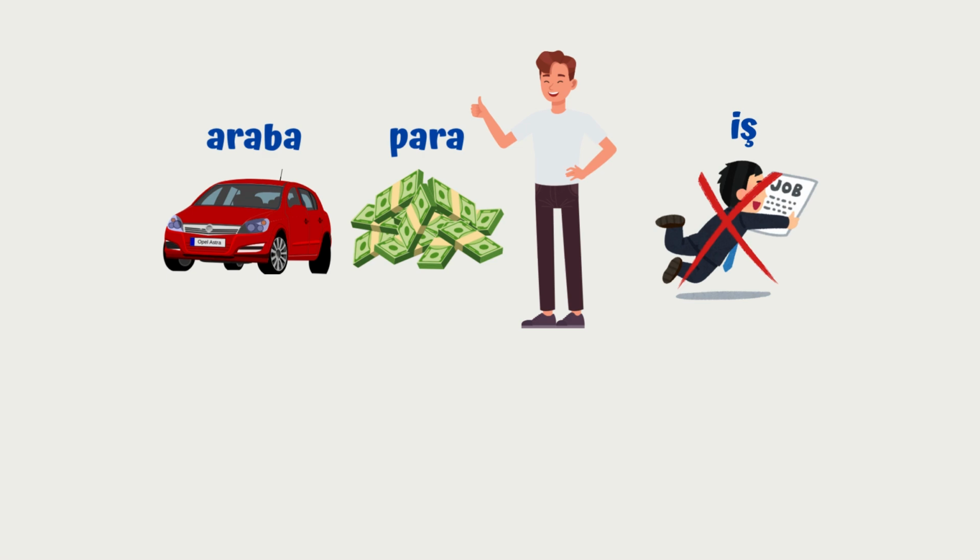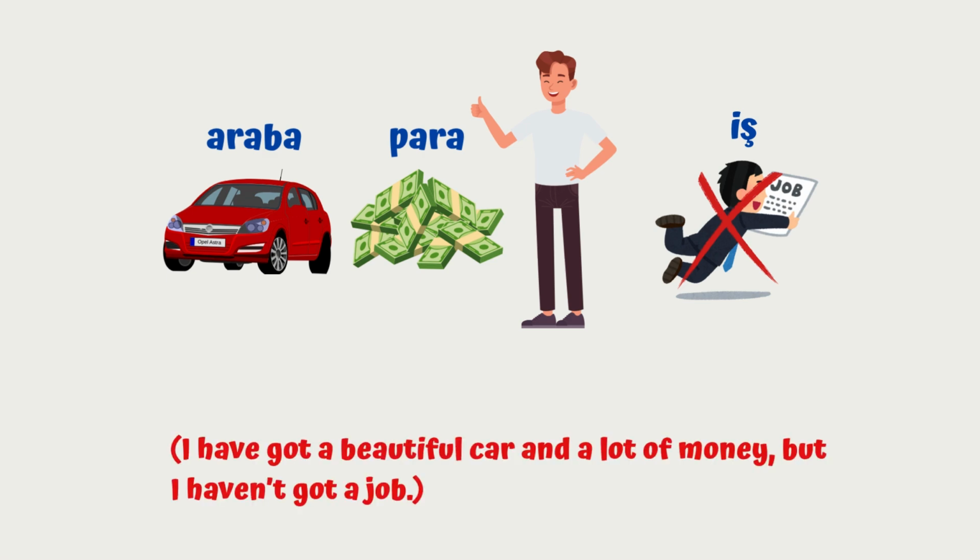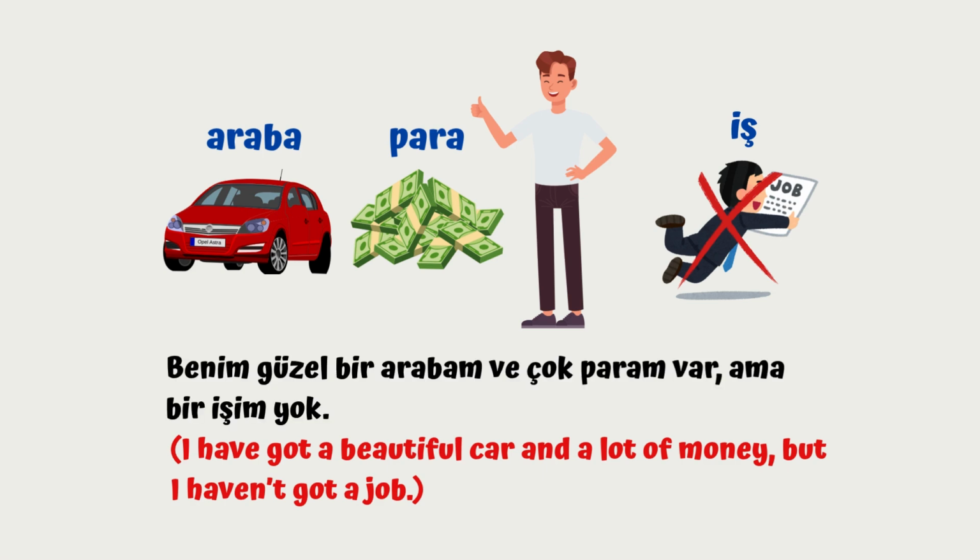Okay, and this is what he's gonna say. He's gonna talk about himself. I have got a beautiful car and a lot of money, but I haven't got a job. So this is how you say it in Turkish. Benim güzel bir arabam ve çok param var ama bir işim yok.